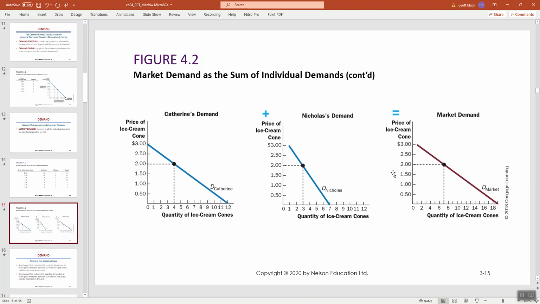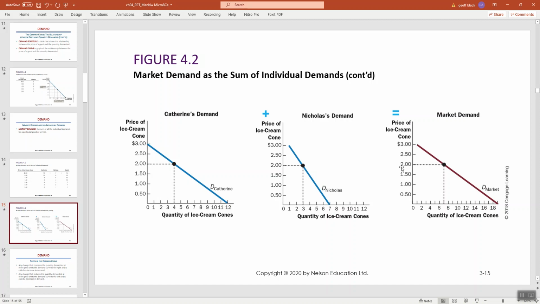Okay, so the way you graph that is by simply merging the graphs. So you add Catherine's demand to Nicholas's demand. Notice the price hasn't changed, just the quantity demanded combinations have. You're adding them together. So you can see at a market price of $2, Nicholas has a demand of 3, and at a market price of $2, Catherine has a demand of 4.